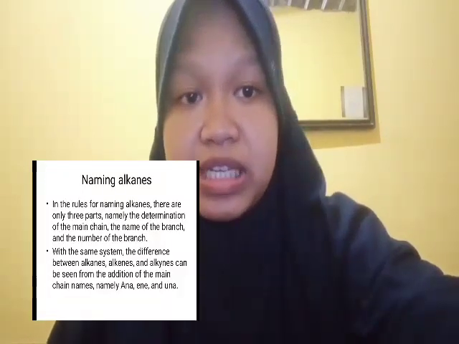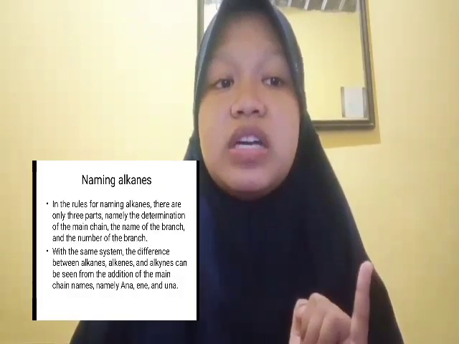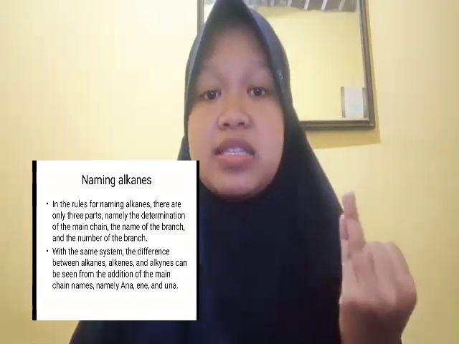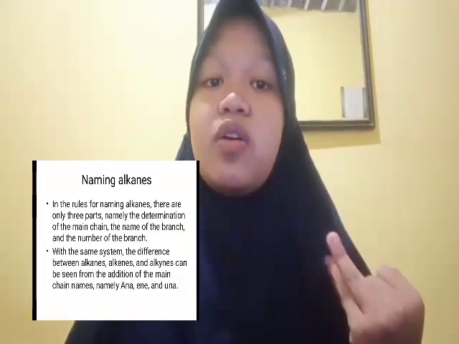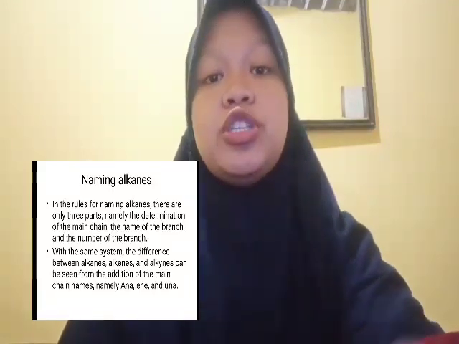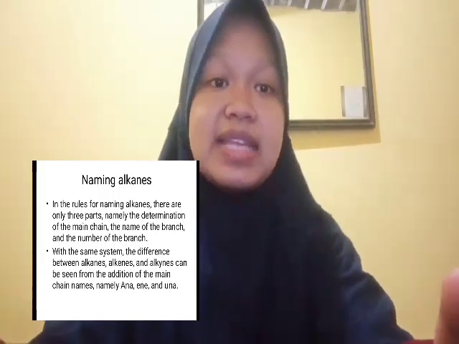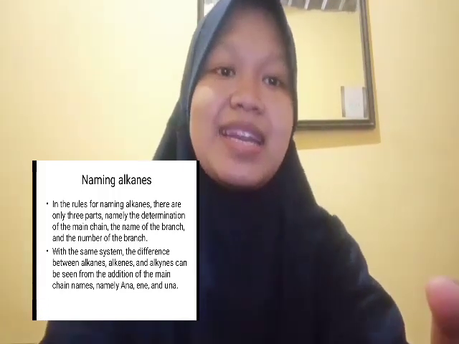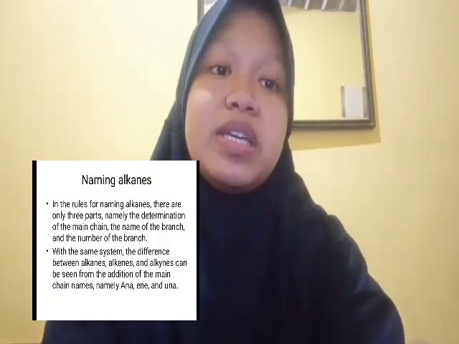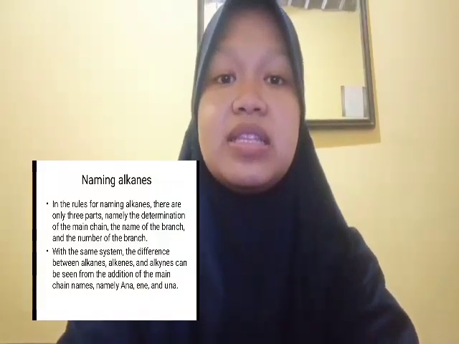For the rules of naming alkanes, there are only three parts: the determination of the main chain, the name of the branch, and the number of the branch. With the same system, the difference between alkanes, alkenes, and alkynes can be seen from the ending added to the main chain name.